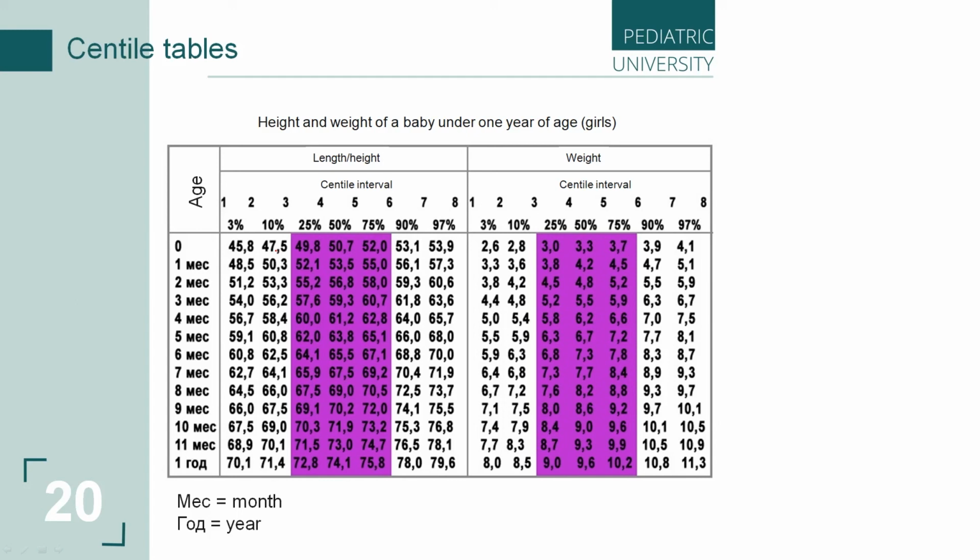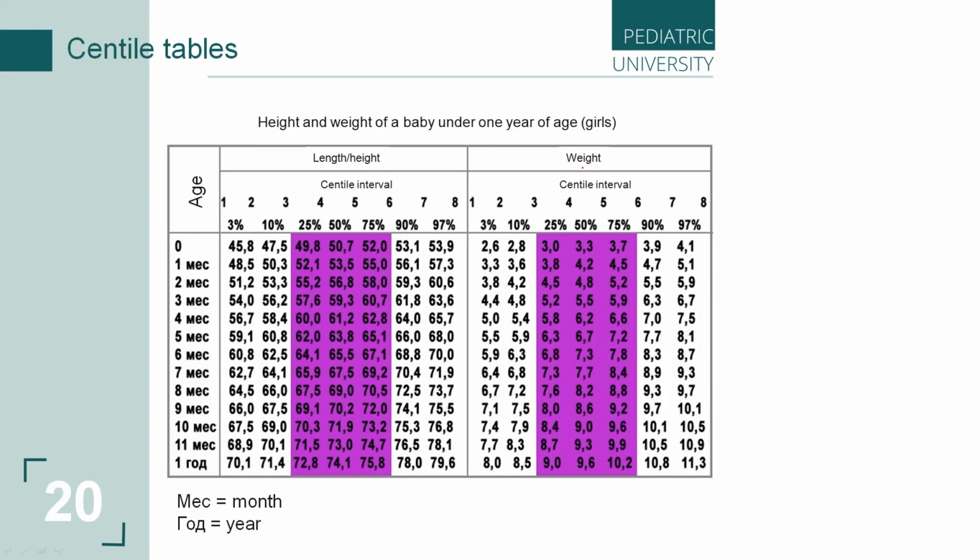If the values fall into interval 4 or 5, it indicates normal development of the girl.